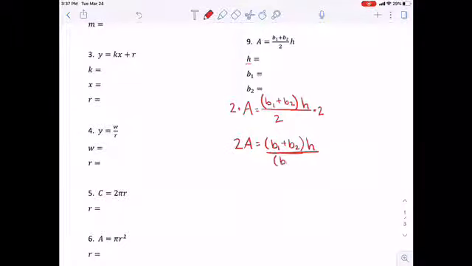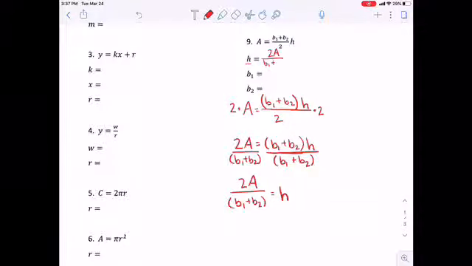So I'm going to divide on both sides by my parenthesis b1 plus b2. And that will give me that 2A over b1 plus b2 equals h. So there's my h answer, 2A over b1 plus b2.